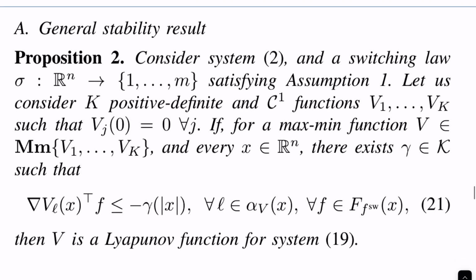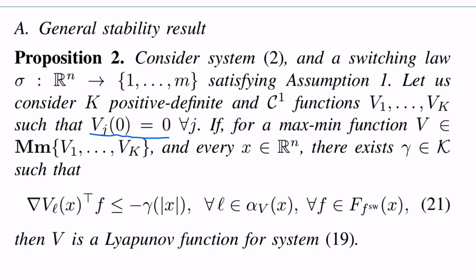All right, general stability result. Here's the proposition. We have the system and the switching law, the switching mechanism sigma. For any given x, it tells you which subsystem is active, and we mentioned how we partition the state space. Let us consider k positive definite continuously differentiable functions v1 to vk, and all their zeros agree.